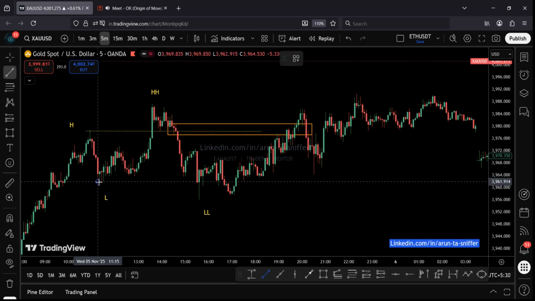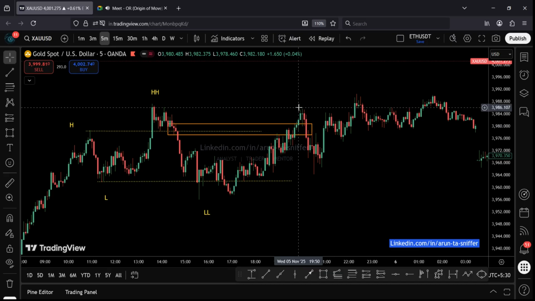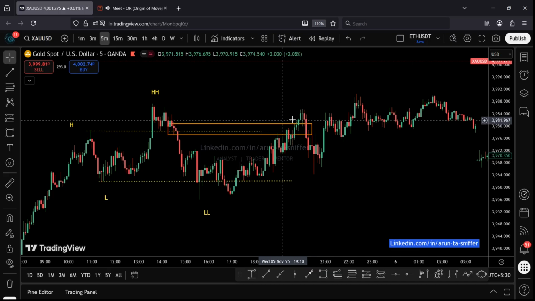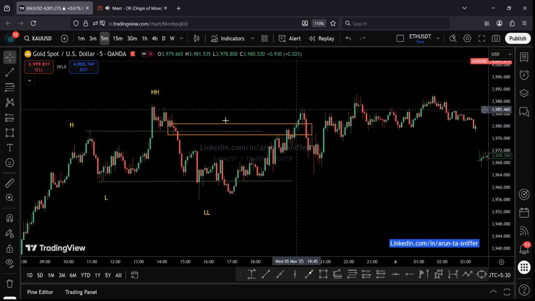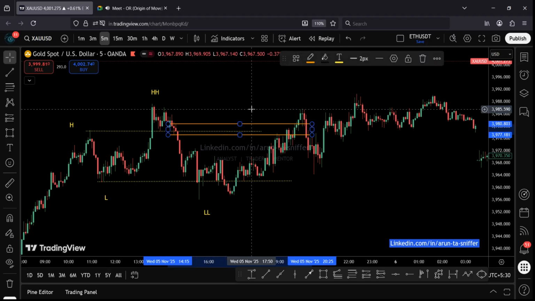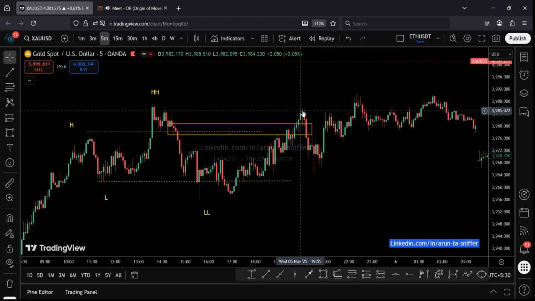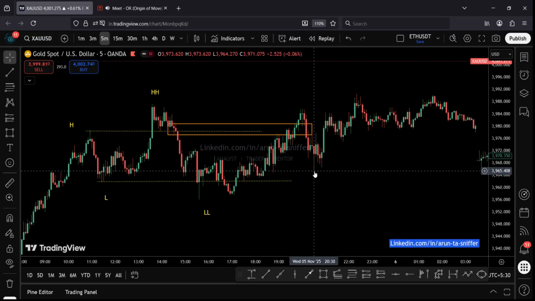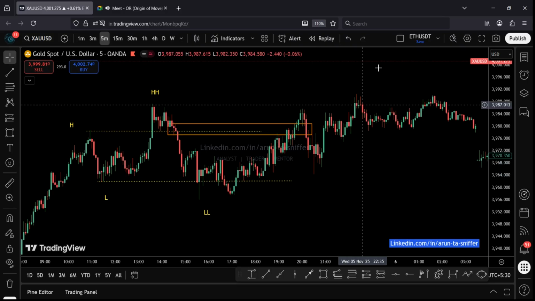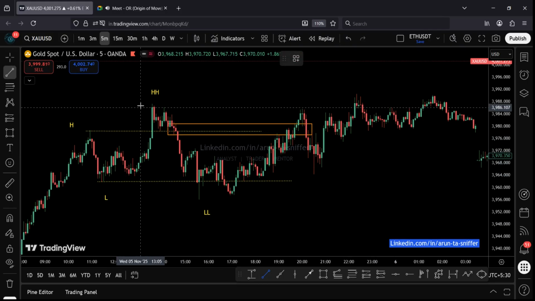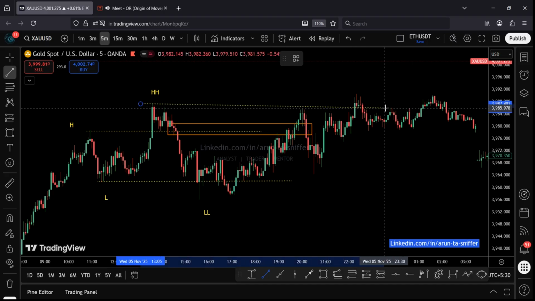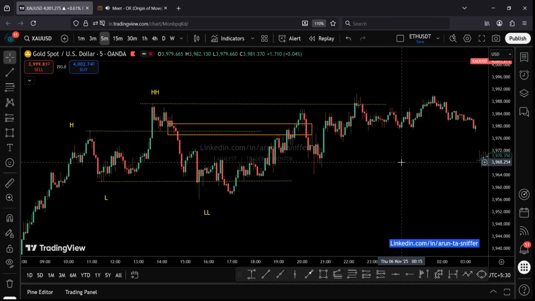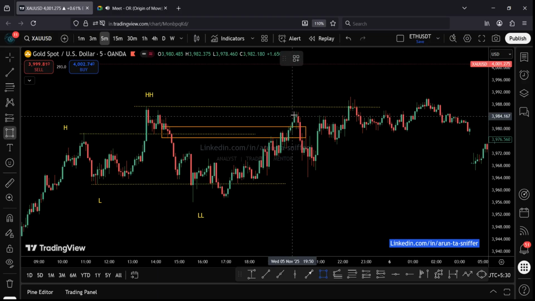Price crossed this low, goes back up, crosses this QM level, holds back till here, right? And goes up again and crosses this higher high.